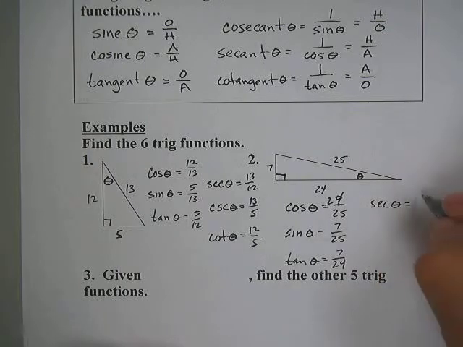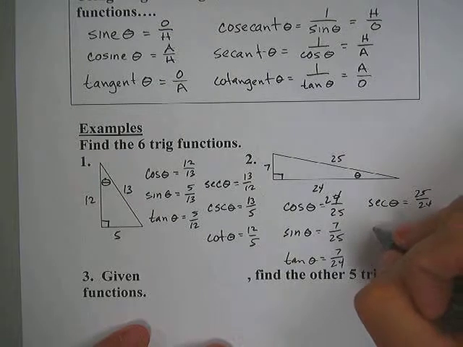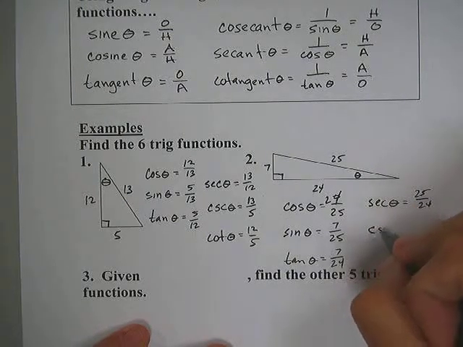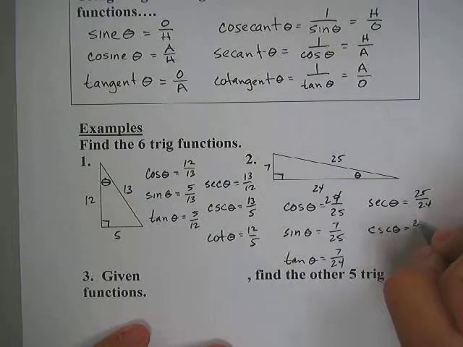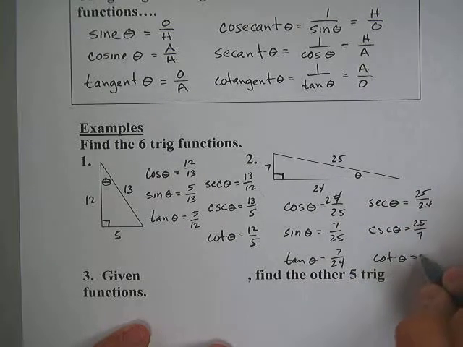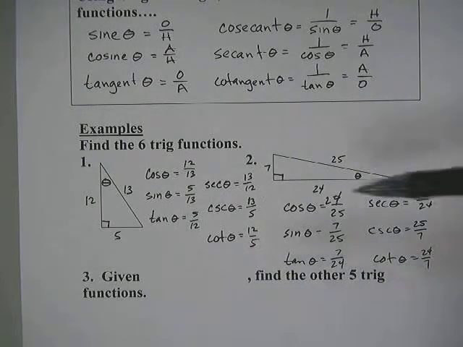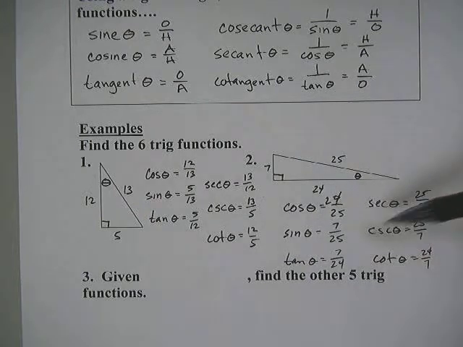Tangent of theta, opposite over adjacent. And then all the reciprocals: secant of theta is just 25 over 24. Cosecant, 25 over 7. And cotangent equals 24 over 7.